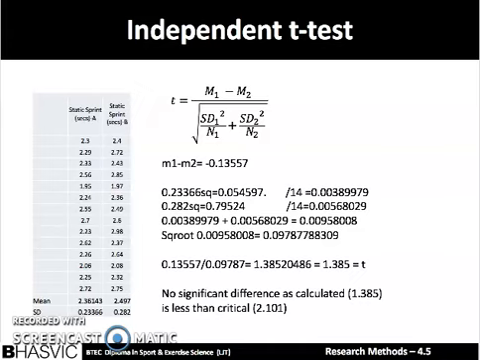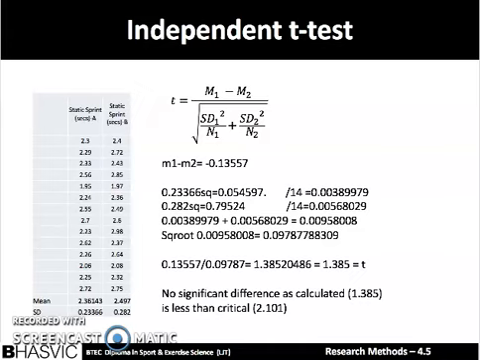We achieved 0.00389979 for the first half of the sum, and we're adding 0.00568029 to that, and that will equate to 0.00958008. So that's the bottom half, almost complete.